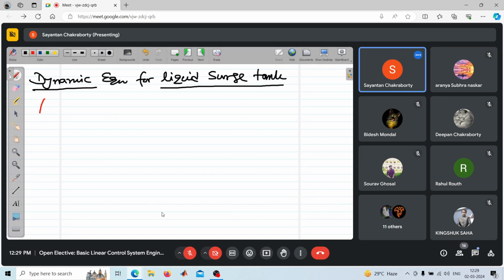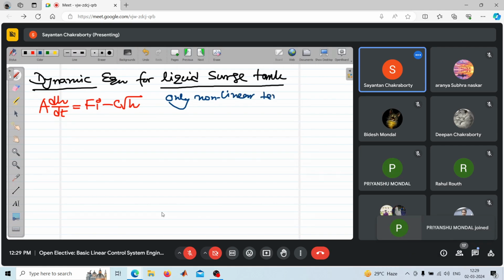The model was obtained as A dh dt is equal to Fi minus c root over h. So the only nonlinear term is root over h. So I have to linearize root over h.